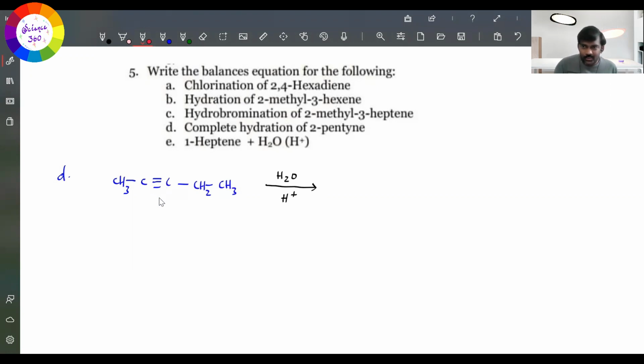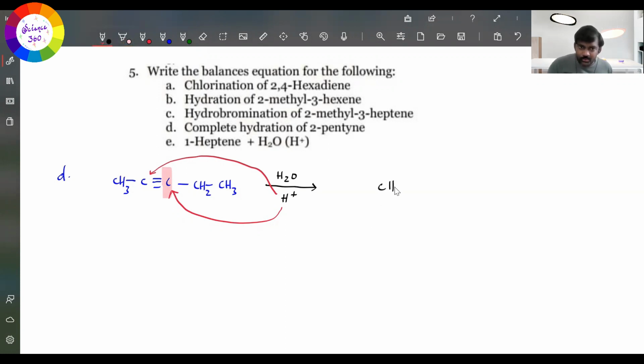So here there are two cases. Hydrogen can attack this carbon, or it can attack the other carbon. Let us go with the first case. That means I'm going to take this carbon first. The hydrogen is going to attack that carbon first.